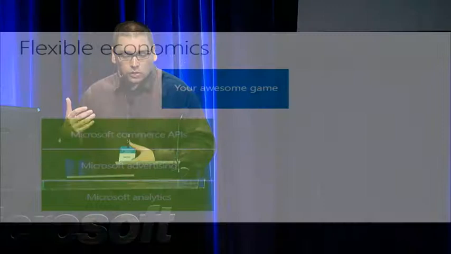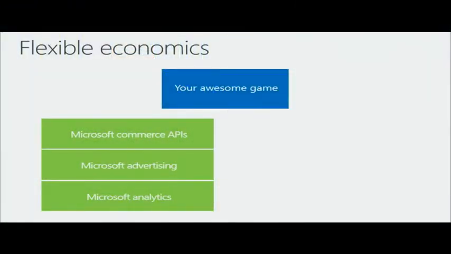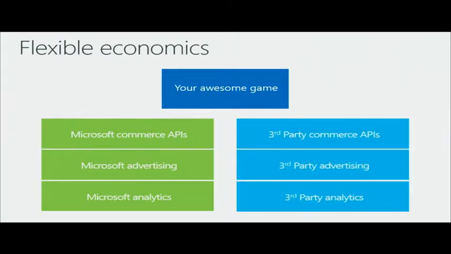We also have some really great economics. And first, let me tell you what we have, and then I'll tell you how much of that you're going to get out of it. So whatever you would expect from a platform, like you have a game and you're expecting to have commerce APIs or advertisement or analytics, all of that stuff we have.